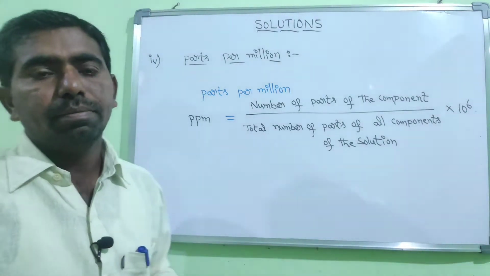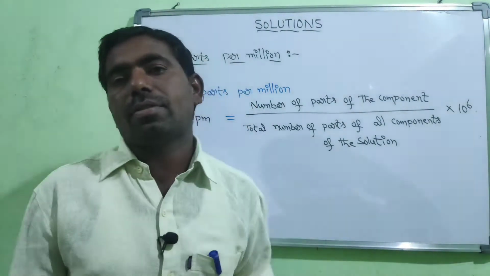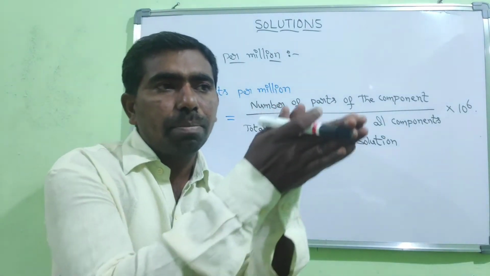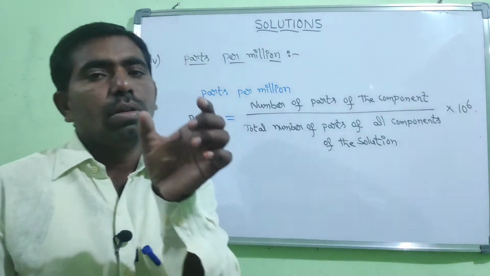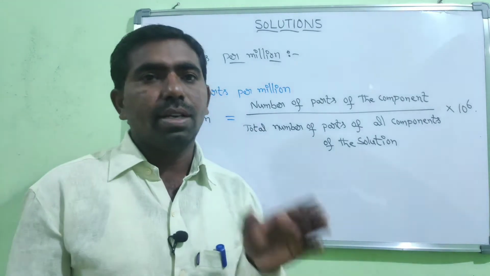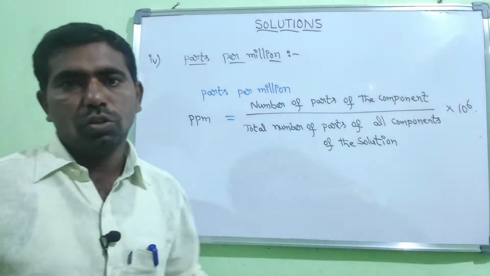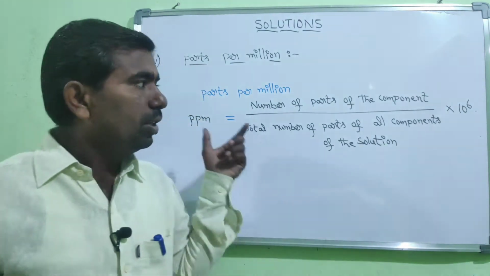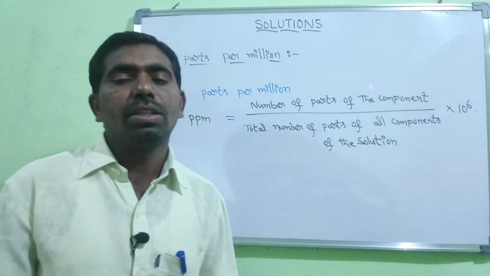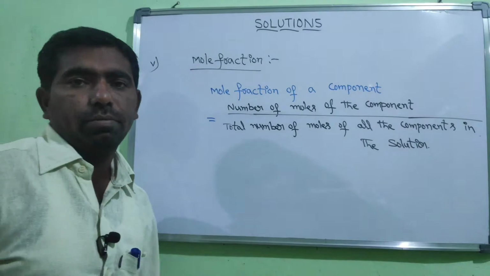For example, pollutants. Some pollutants are present in the air, that is the atmosphere. Pollutant concentration, which is present in the atmosphere, is expressed in ppm. So in such cases we use the ppm method. The next method is mole fraction.